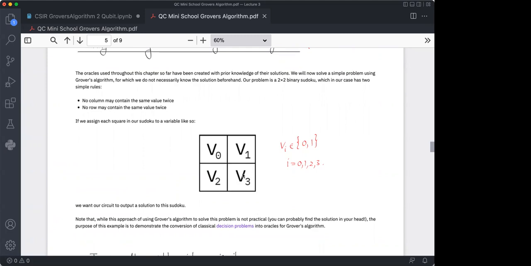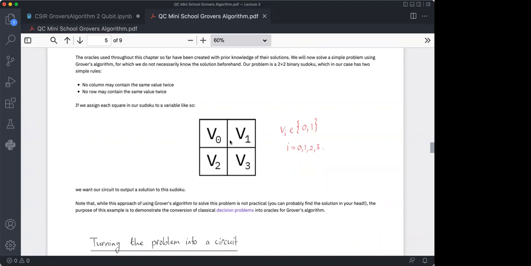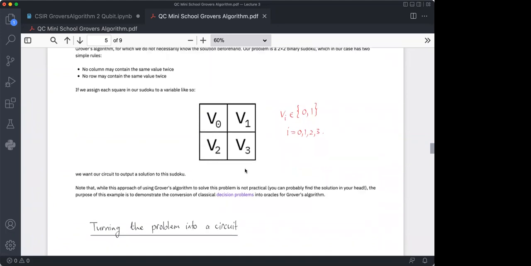But we're looking at this problem to demonstrate how we can use Grover's algorithm to solve a decision problem, and to construct an oracle for this type of decision problem. So we want to create a circuit that will output the solution to the Sudoku.